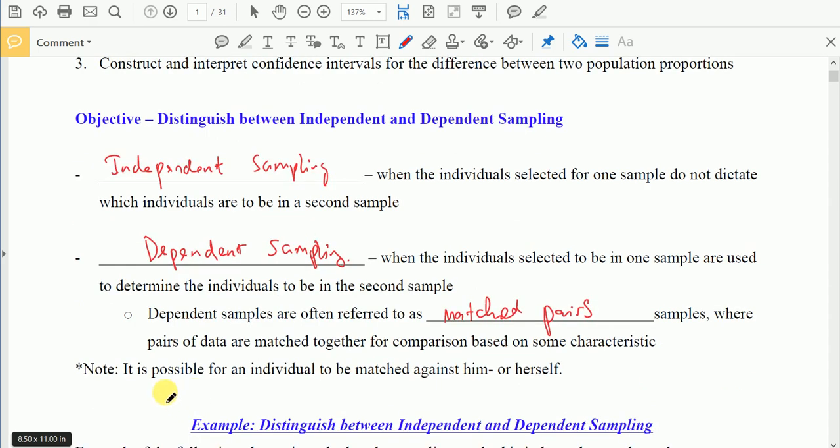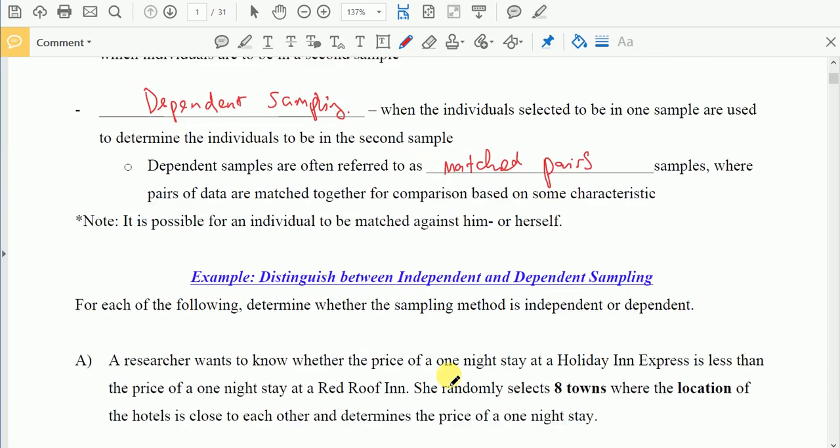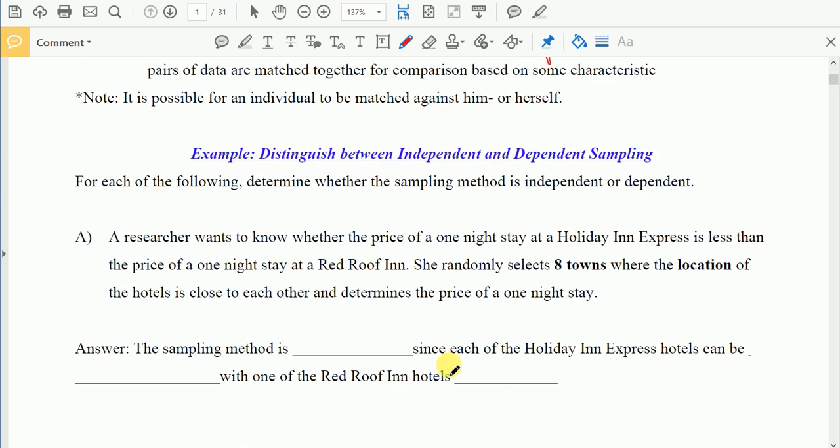And it is also possible for an individual to be matched against him or herself. Okay, so try the first case and see if this is independent or dependent sampling.